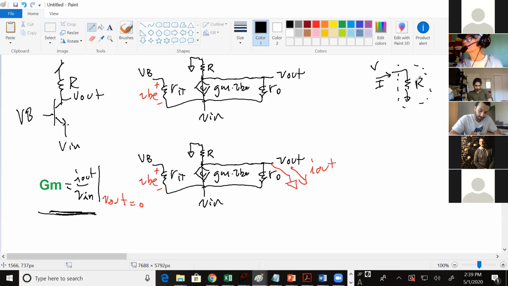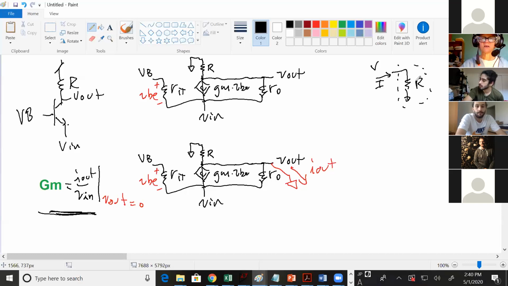That's a really messy one. And in that one, if you start doing those simplifications too early, you get an answer that doesn't work. So you generally want to keep them for as long as you can, and then at the very end say, oh, it's 1 over GM in parallel with RO. That's 1 over GM. But try to keep stuff all the way through till you're pretty close to the end and can see if it's going to do damage or not to do the simplification. Okay, sounds good. Thank you.